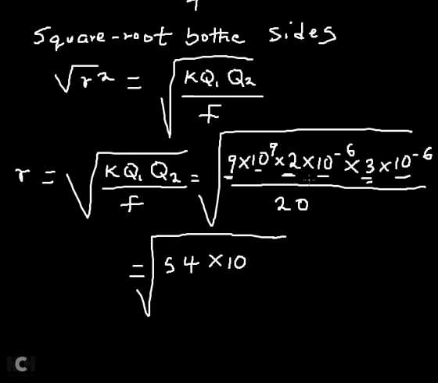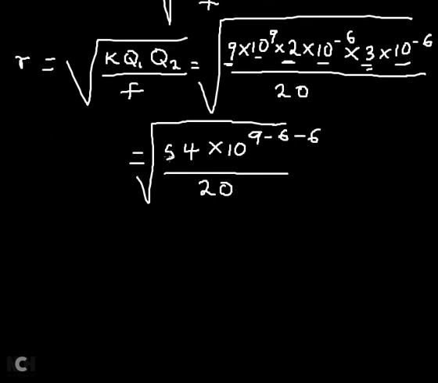So the base is 10, then I add the powers: 9 minus 6 minus 6. Then divided by 20. I will do the same here and divide 54 by 20.